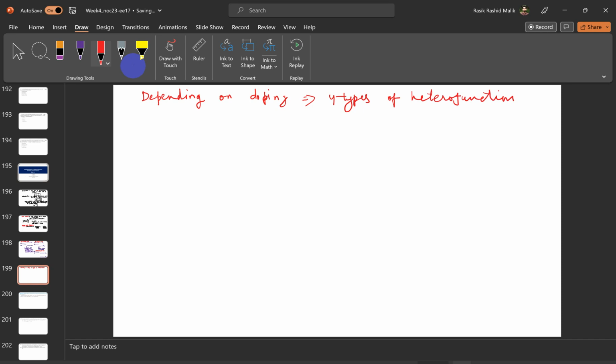So there can be cases where, say this is my narrower band gap material and this is my wider band gap material.